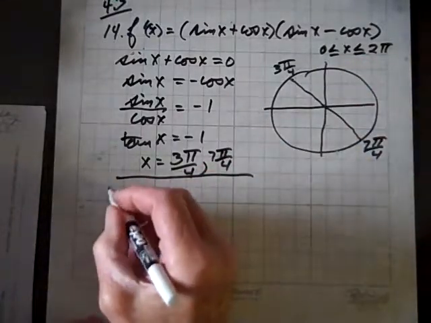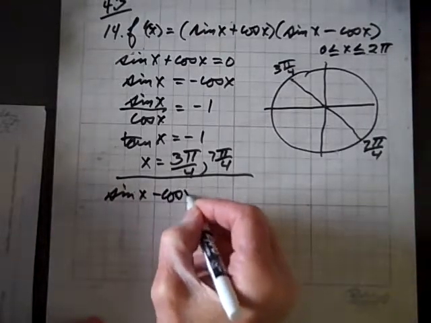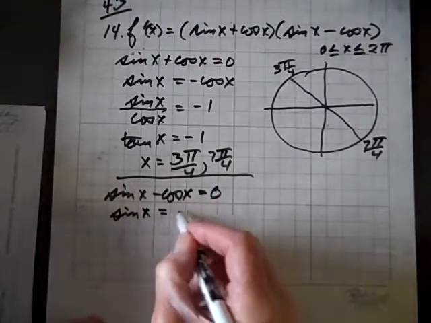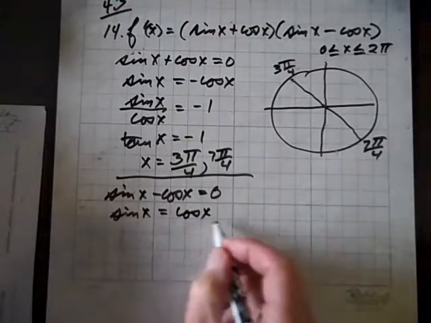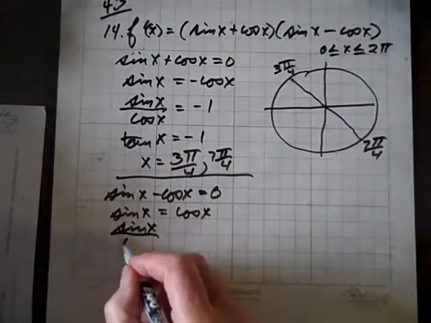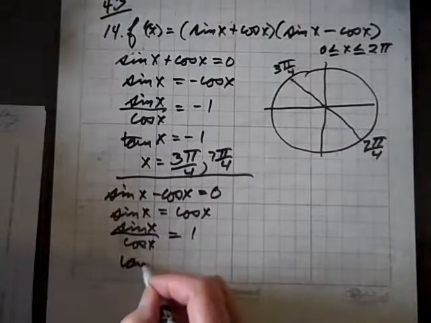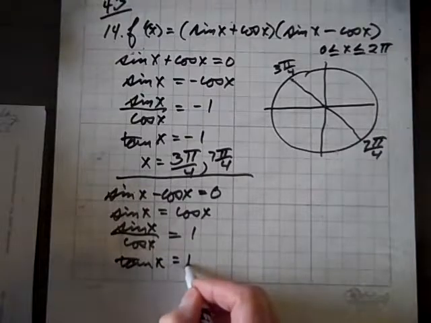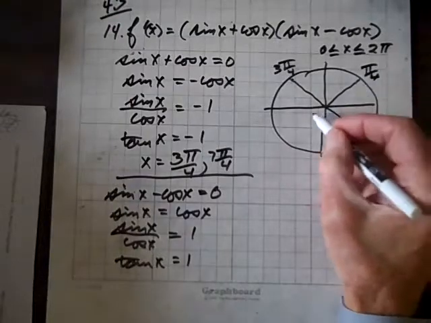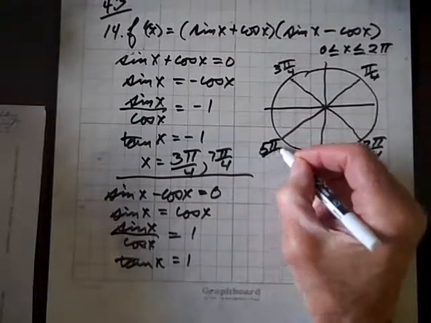Now let's set this factor equal to 0, and we get sine of x minus cosine of x equals 0. So sine of x equals cosine of x. Dividing through by cosine of x, we get sine of x over cosine of x equals 1. So the tangent of x equals 1, and that occurs at pi over 4 and 5 pi over 4.